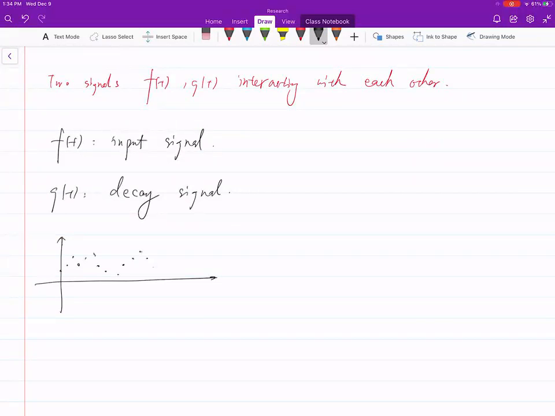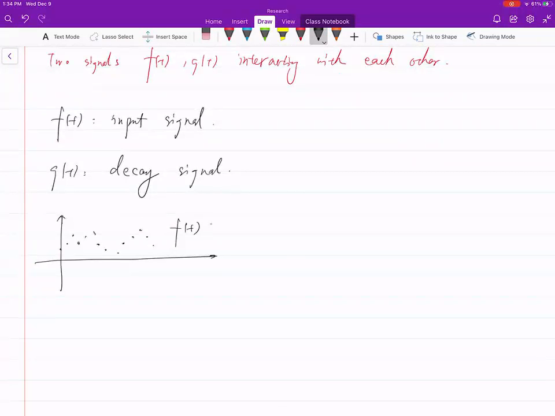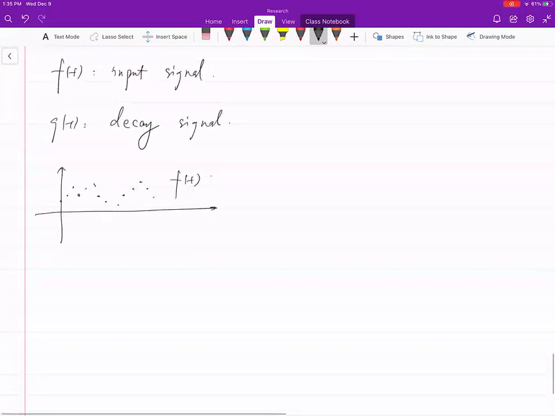This is the signal. At every moment, there's a new signal coming in. Sometimes it's 2, sometimes it's 5, sometimes it's 3. The signal just keeps coming in. Sounds good? Second, every single signal, if I pick a t, is going to have some effect on this time t.